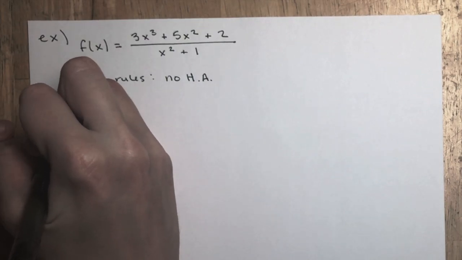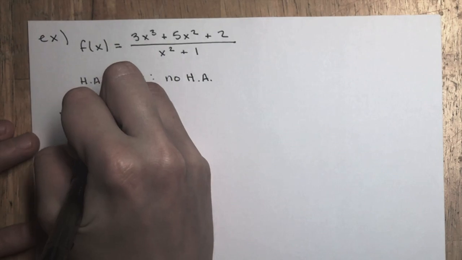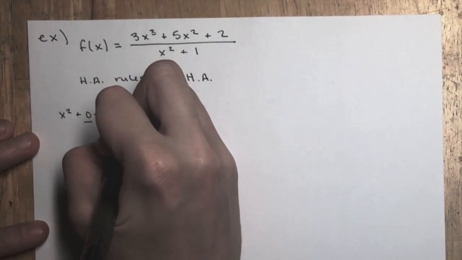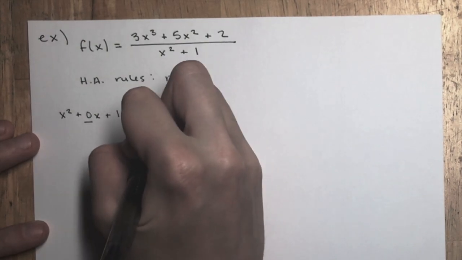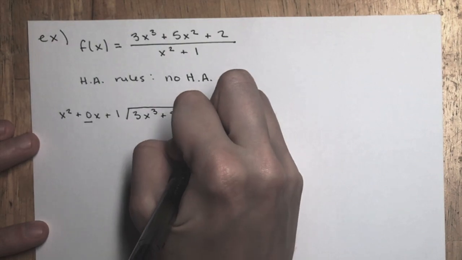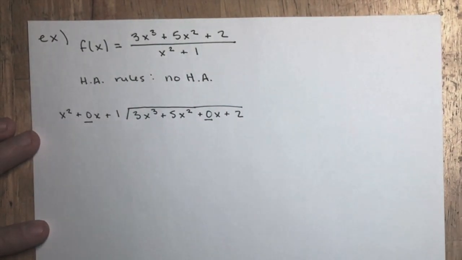So x squared plus 0x plus 1, 3x cubed, 5x squared, 0x plus 2. All right, so let's start this division.